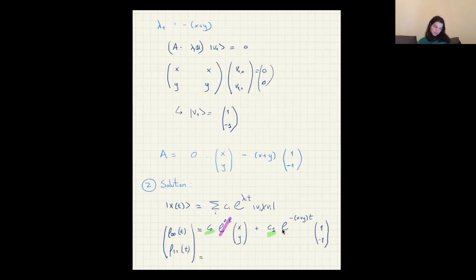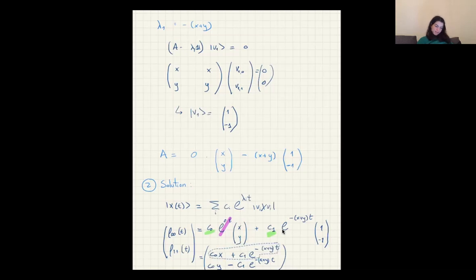So this is C0x plus C1 e^(-(x+y)t) on top, and here's C0y minus C1 e^(-(x+y)t). Okay, there we go. All I did here was put this inside this vector and then sum these two vectors.